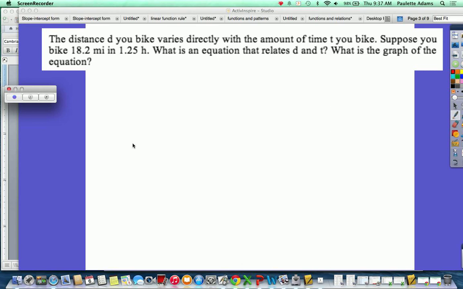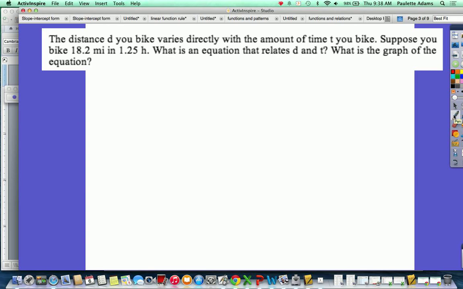What vocabulary words do we need to circle in this word problem that we need to know the meaning of? Okay, we need to know varies directly. What else? What else is important up there? Okay, distance is D. What else?